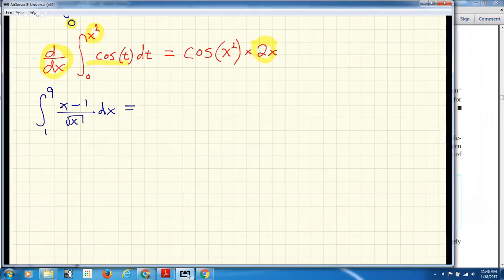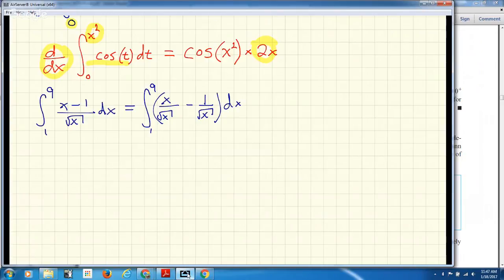So what I'm going to do is just carry along my definite integral symbol, and I'm going to rewrite this as x being divided by the square root of x. And we have that minus sign, and the 1 is also divided by the square root of x. And all of this is part of the integral, so we should put in parentheses, dx at the end.